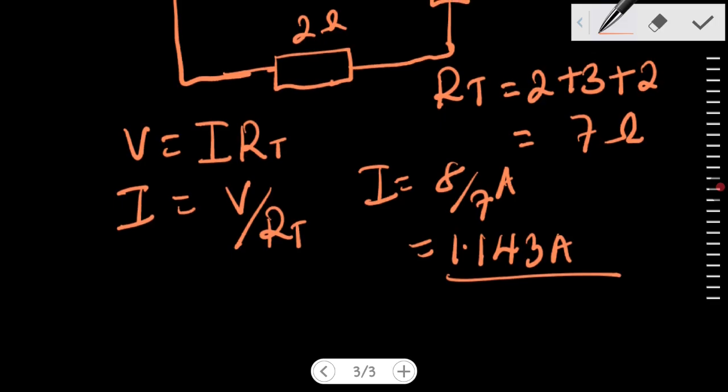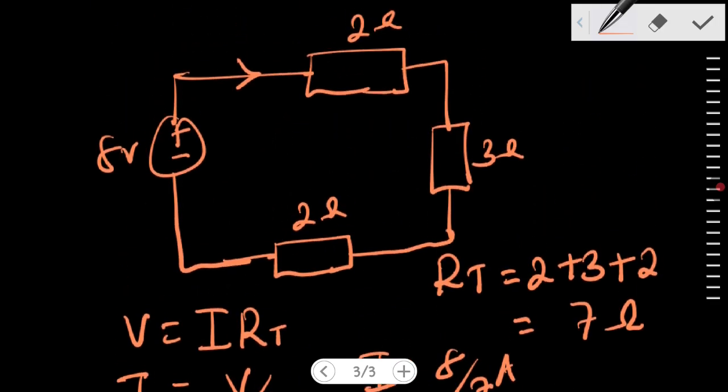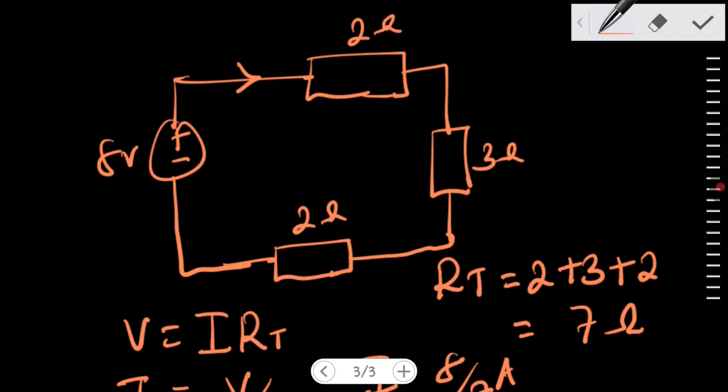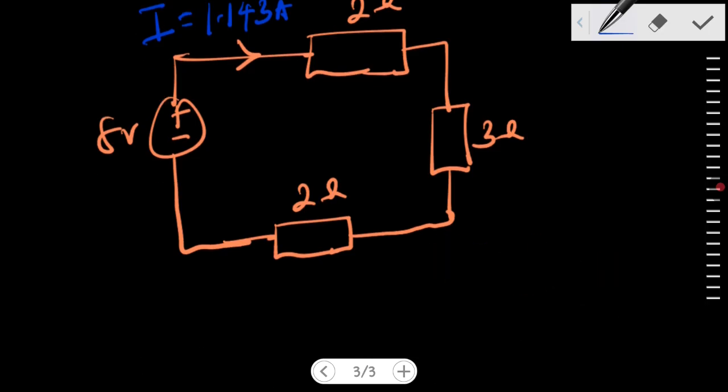Now, let's confirm. The current through the 2 ohm resistor, I, is equal to 1.143 amps, right?